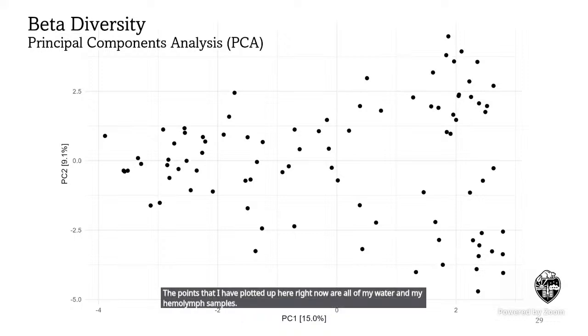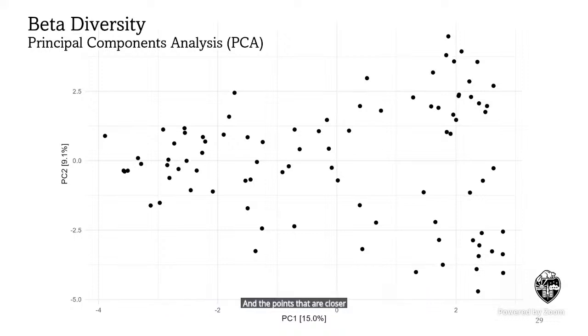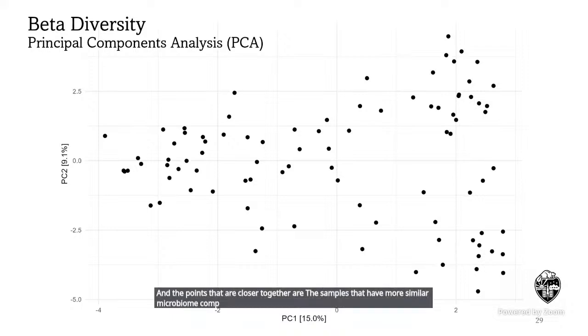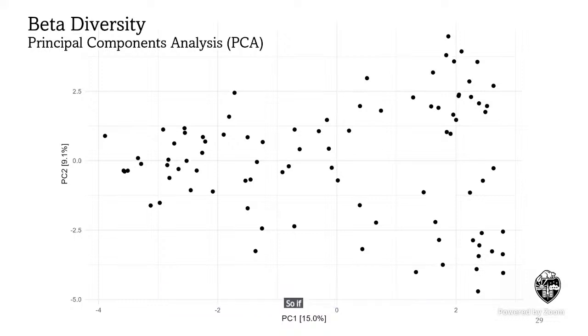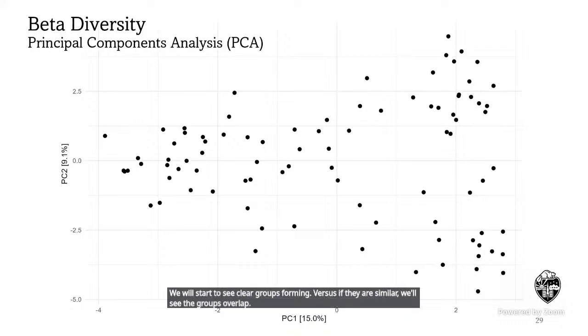And the points that are closer together are the samples that have more similar microbiome compositions, versus the ones that are farther apart have less similar microbiome compositions. So if the microbiome compositions of the two groups are different, we will start to see clear groups forming, versus if they are similar, we'll see the groups overlap among the points.